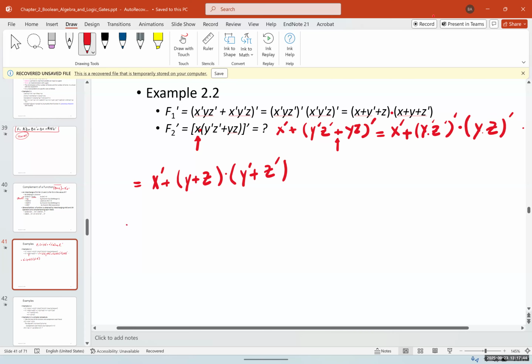And if we simplify, this is a correct answer, but if we want to simplify it one step further, we can have x prime plus y times y prime, which gives us 0, so we're going to have y z prime plus, and again, z times z prime also gives us 0, plus y prime z.